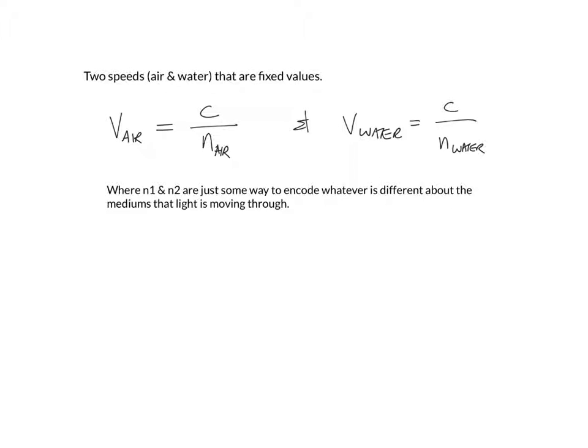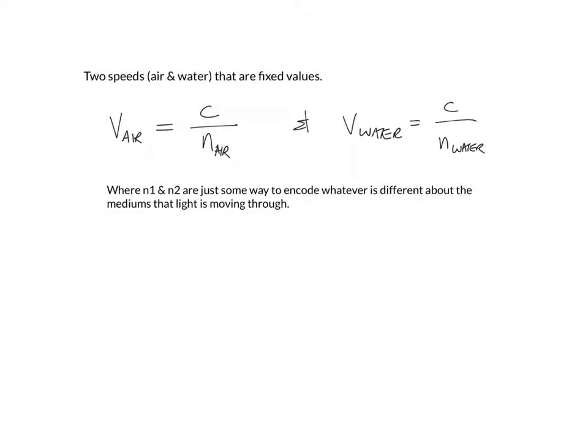And we would define the index for empty space as 1, because it would just mean that your speed is the speed of light, the max speed of light. All right. These other indices are going to have to end up being bigger than 1, hence we put them in the denominator. So that's the reason that we go at it.